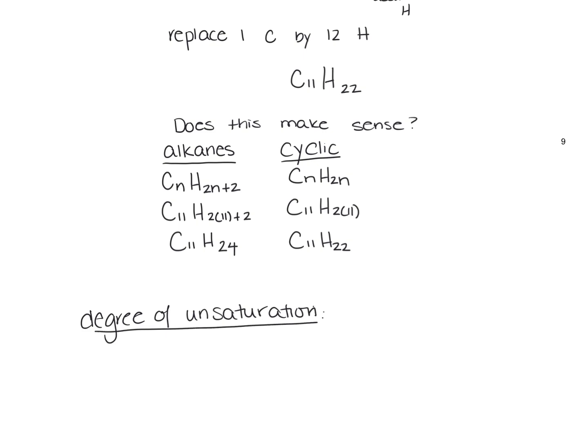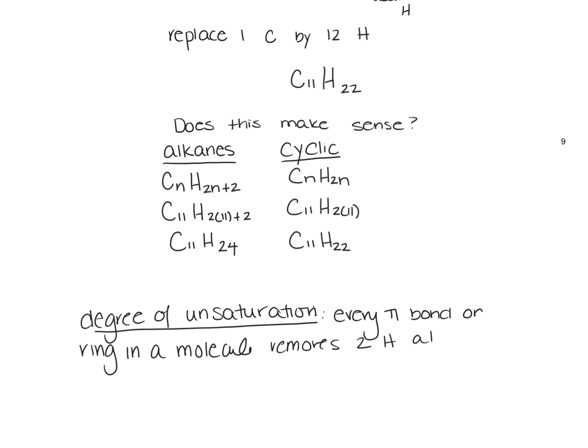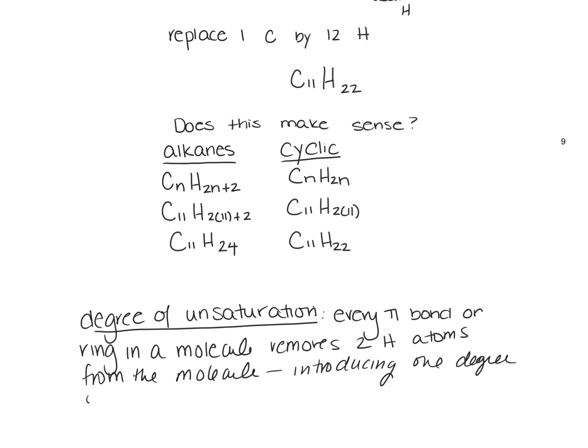And what we are talking about here is that every pi bond or ring in a molecule removes 2 hydrogen atoms from the molecule, introducing 1 degree of unsaturation. So what we find is that the C11H22 does make sense.